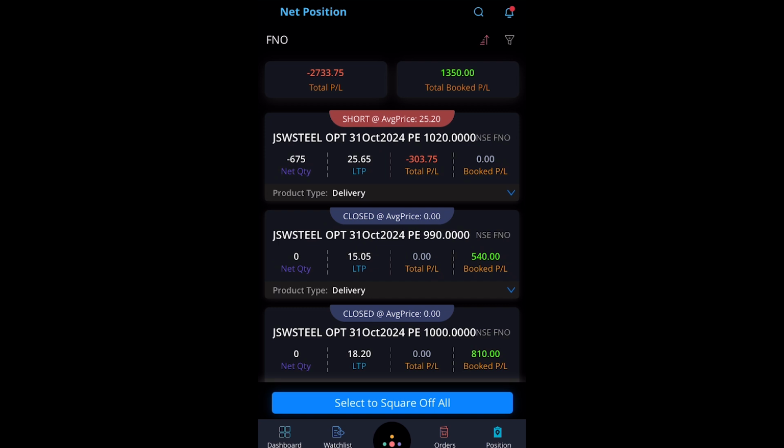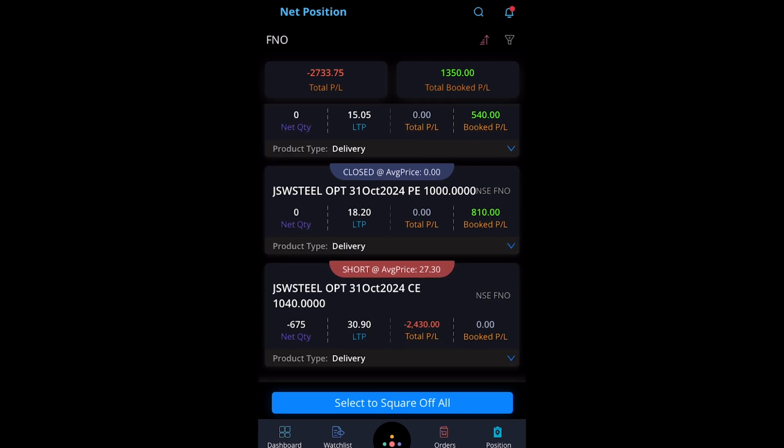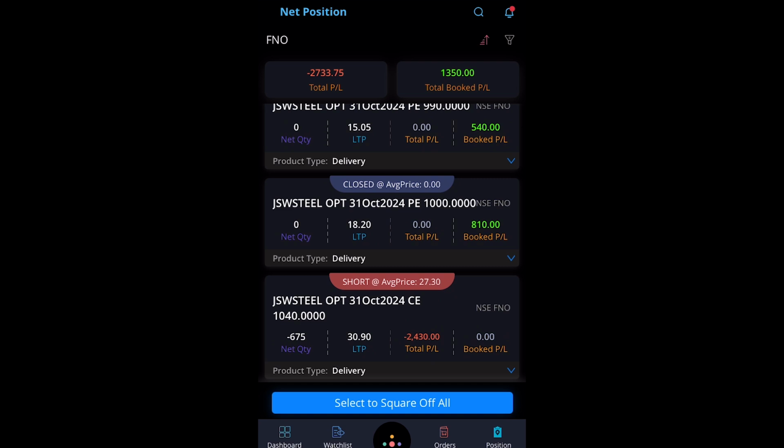We call it shorting. So I shorted the 1040 call and the 1020 put, and my spread is 20 points. And I am holding this because the stock did not move too much after that point, right?